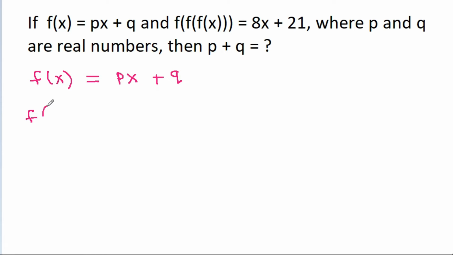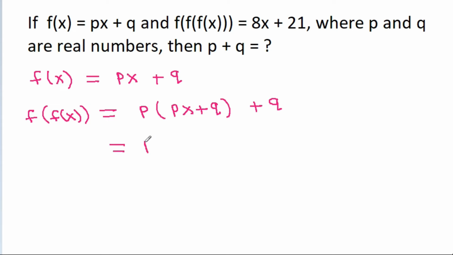and f(f(x)) will be equal to p times (px plus q), and it is p squared x plus pq plus q.